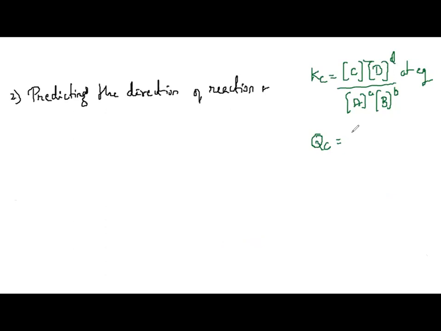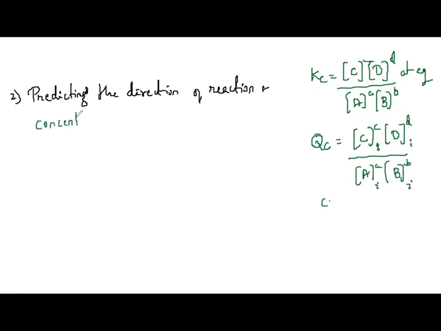Therefore, I can write Qc as the concentration of C into concentration of D upon concentration of A into concentration of B at any instant of time other than equilibrium. At equilibrium, the earlier expression is followed. Qc is called the concentration quotient.